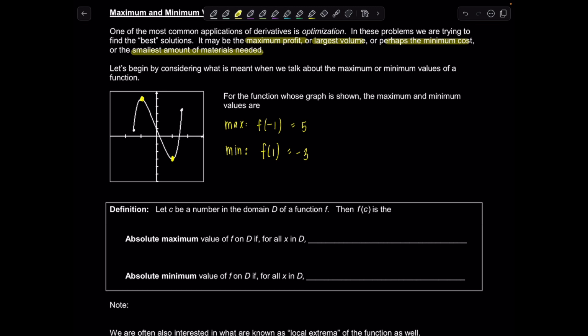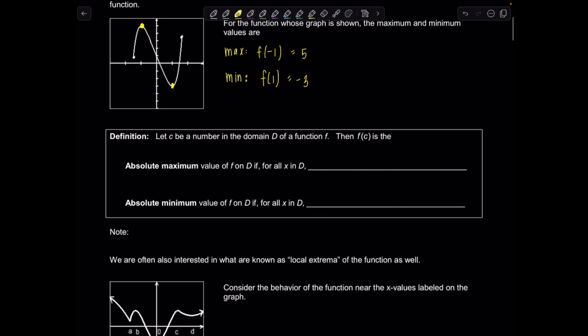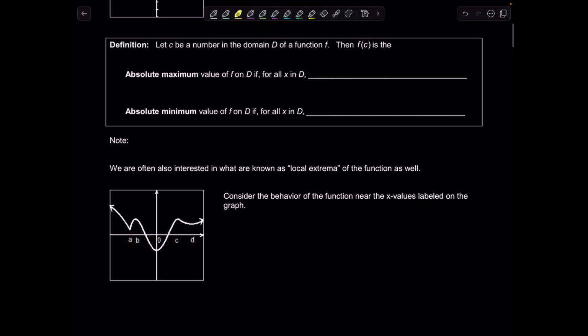Okay, now we're going to be a little bit more specific about what kinds of max or min we're looking at in the following. So definition, let c be a number in the domain D of a function f. Then we say f of c is the absolute maximum value of f on D if for all x in the domain D, f of c is greater than or equal to f of x.